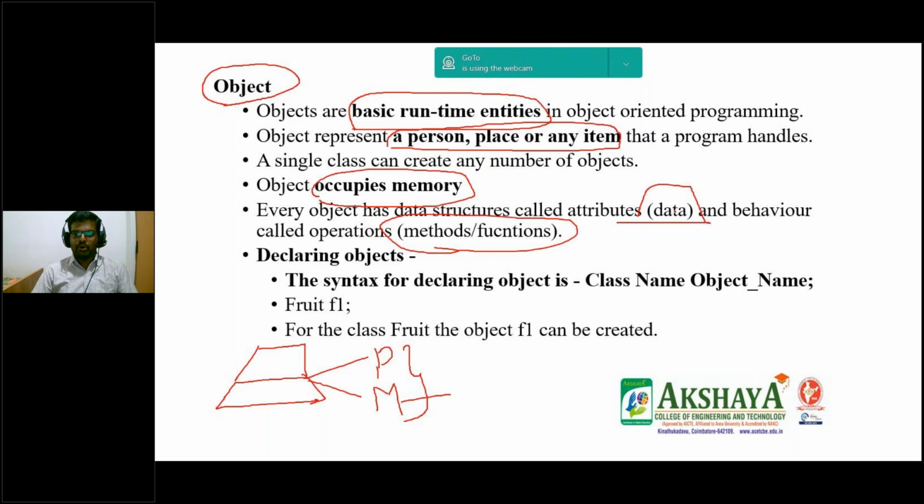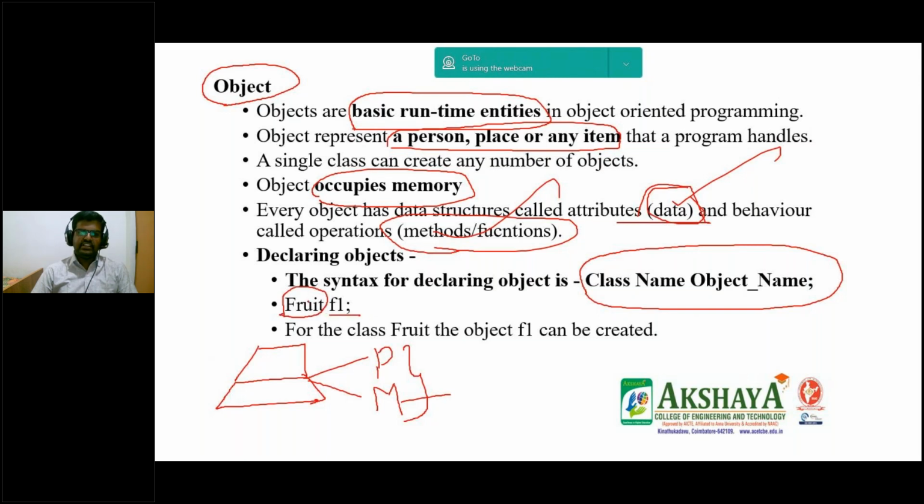So properties are called data, and operations are called methods or functions. There is a syntax for creating an object. The syntax for creating an object is class name space object name. When you take fruit as a class, it has an object f1. F1 is the object name, whereas fruit is the class name.